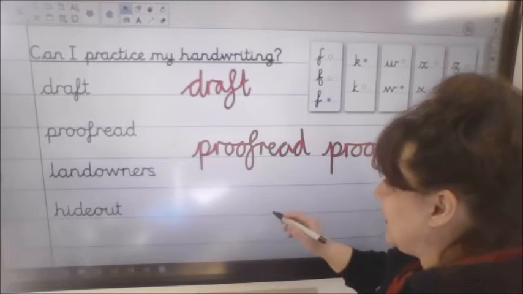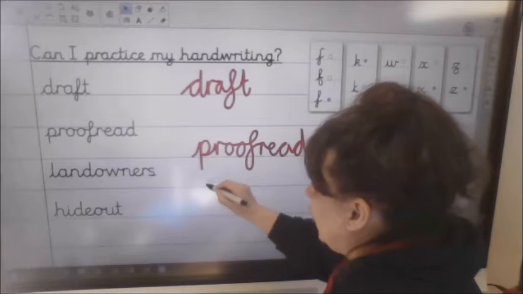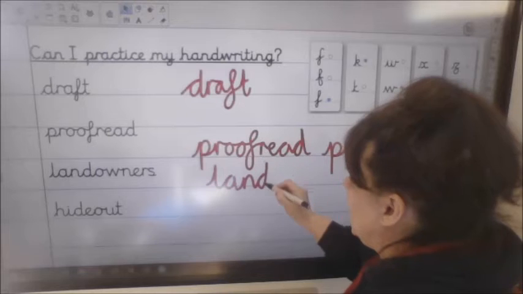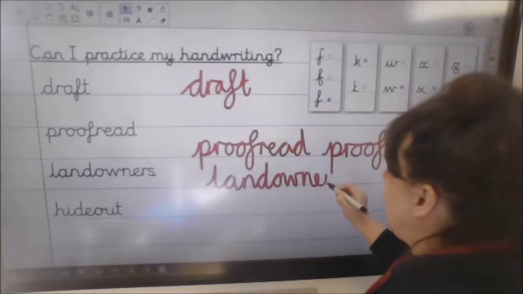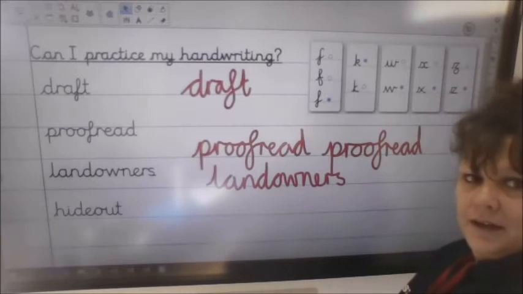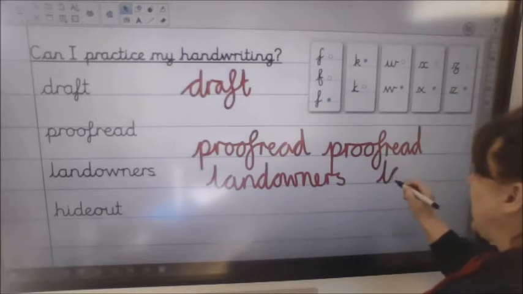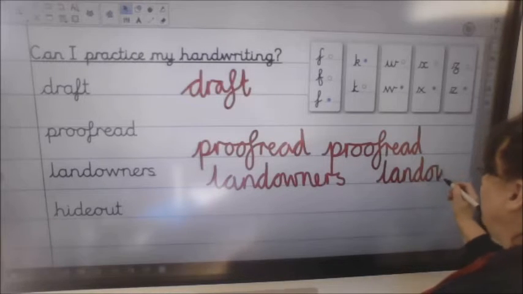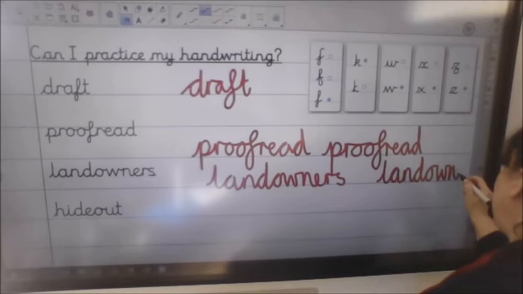Okay, proofread. Then we've got landowners, and all of these come from your text that we're going to be using for writing today. So I'm going to start with my L. I'll start here. L-A-N-D-O, pointy W, N-E-R-S. Let's have a little go again. L-A-N-D-O, into my pointy W, oh, and into my N, E, oh, it's gone peculiar.